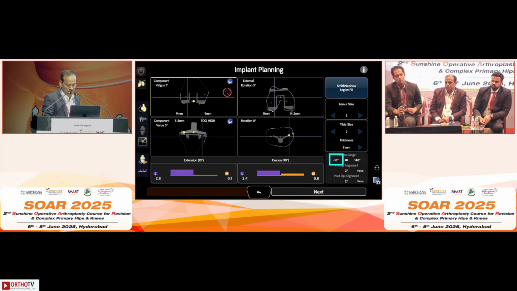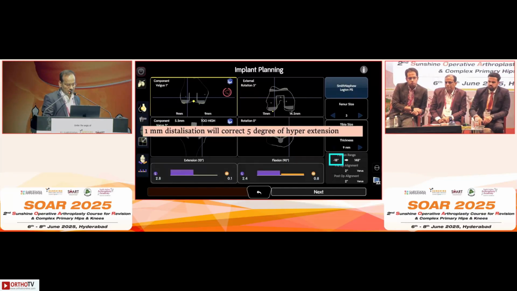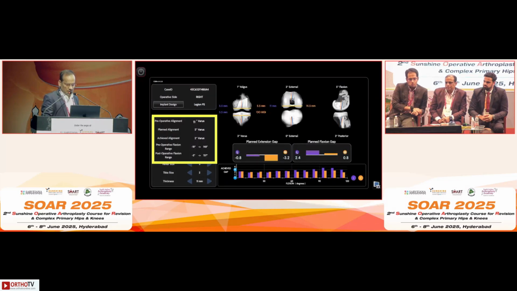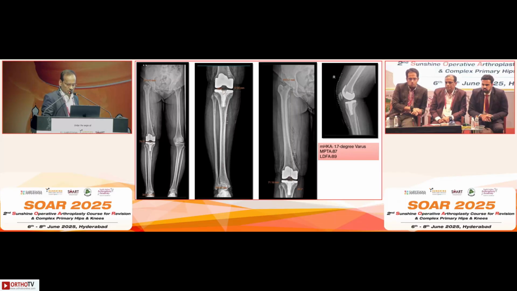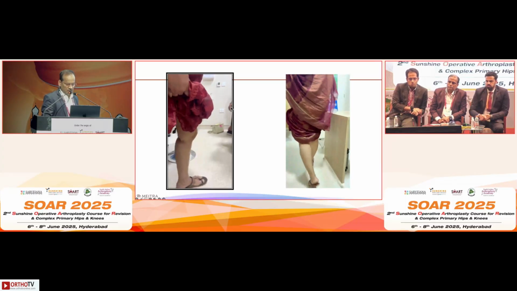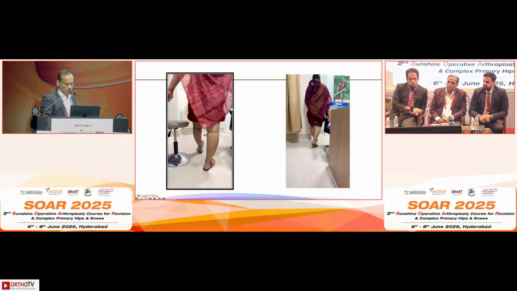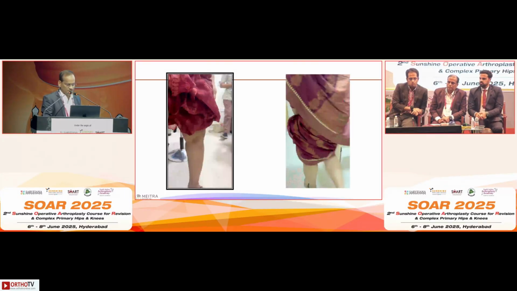The dictum is, if you distalize 1 millimeter, it will correct 5 degrees of hyperextension. That means once you balance your coronal deformity, then you go to the sagittal plane. The 9 mm distal femur became 5.5. And so this is the final result, where the deformity is exactly replicated, and this is how the patient is walking at 2 months down the line.